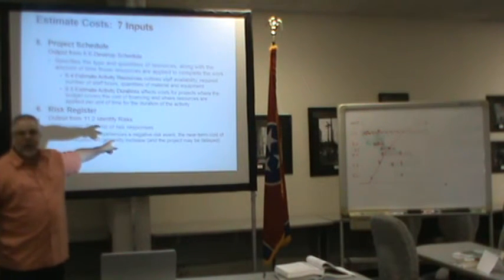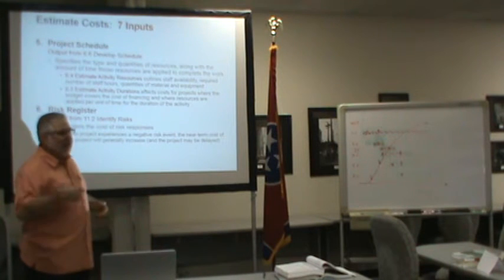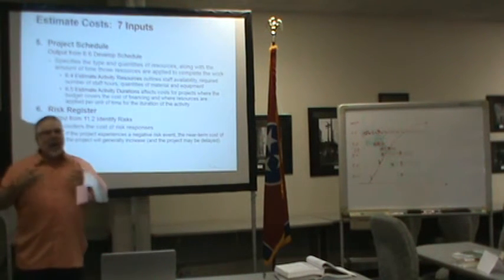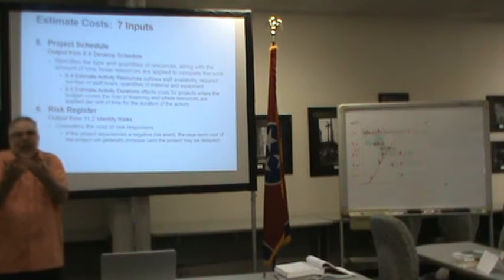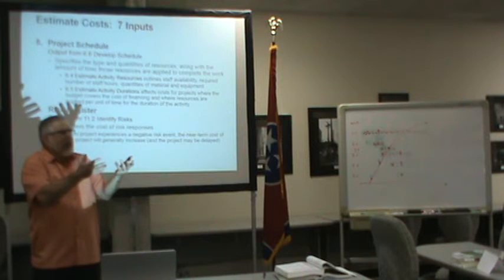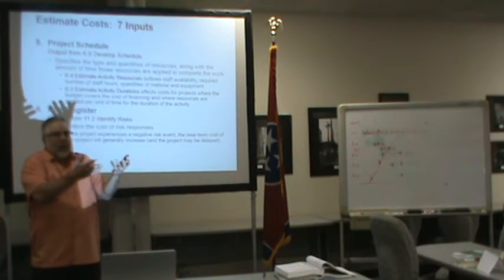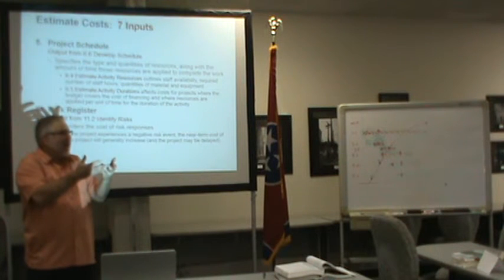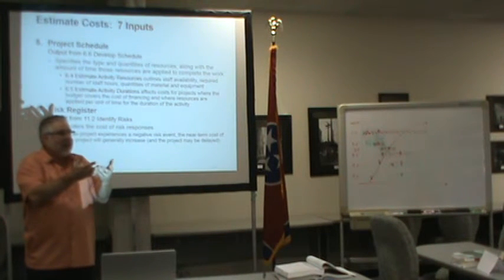Consider the cost of risk responses. And we'll talk about that when we talk about risk, but does it make sense that I'm going to analyze risk and I'm going to do some things to prevent these bad things from happening? Well, if I'm going to do something to prevent something bad from happening, what have I just said? You're going to spend money.